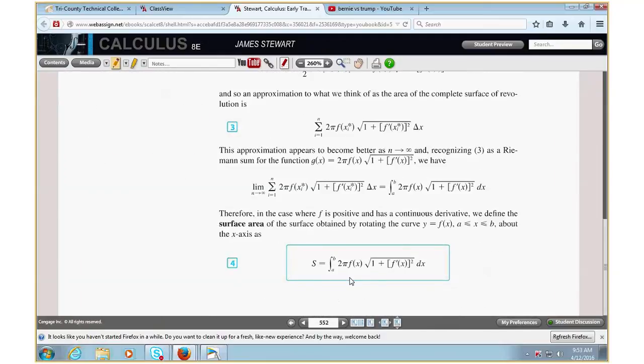What is it? 2 pi times what? f of x. So you take your function and plug it in for 2 pi r, and then you plug in the length of the curve right here.